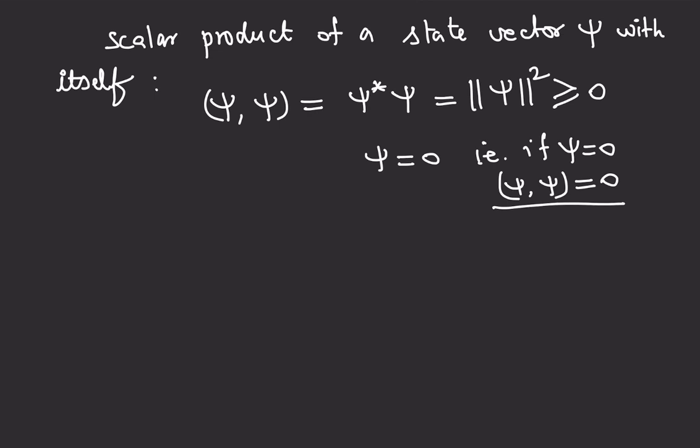The third property of Hilbert space is that H is separable. What does it mean?